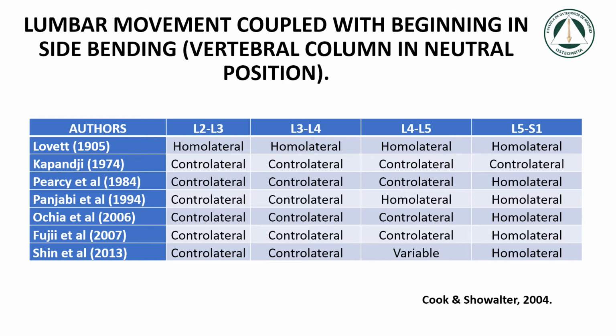In L5S1, axial rotation and side bending generally occur in the same direction. L4-L5 is a transition level with variable coupling. The lordotic curve of the lumbar spine and muscle control are probably the main factors determining the relationship between primary and coupled rotations. For Fuji et al.